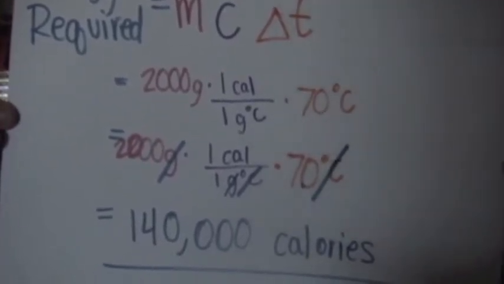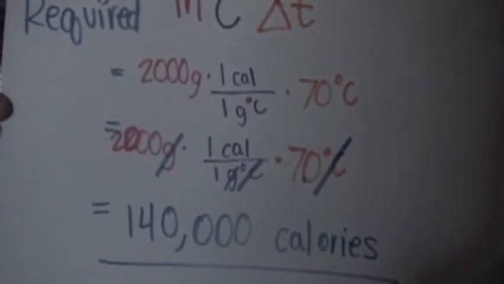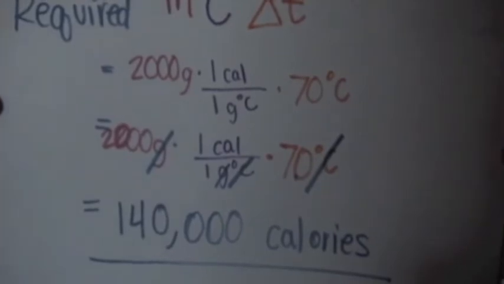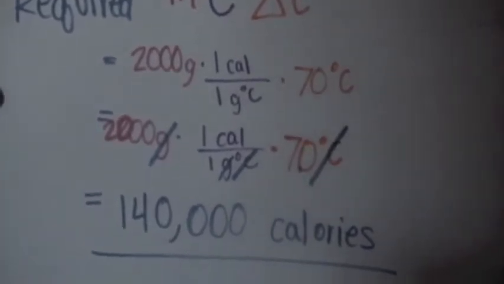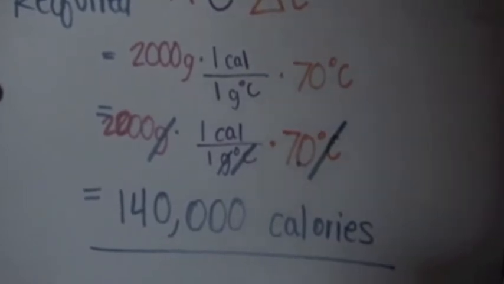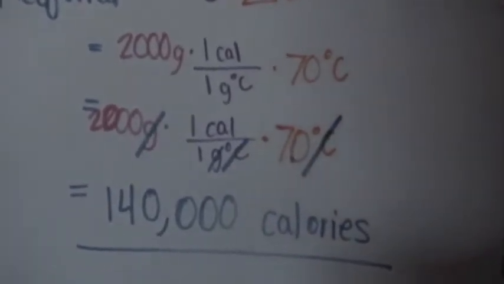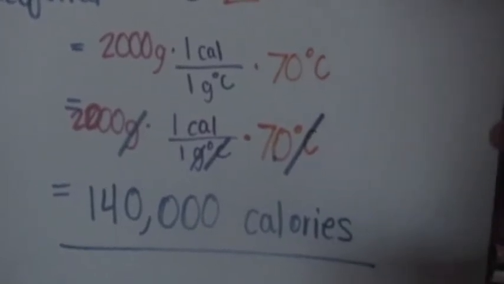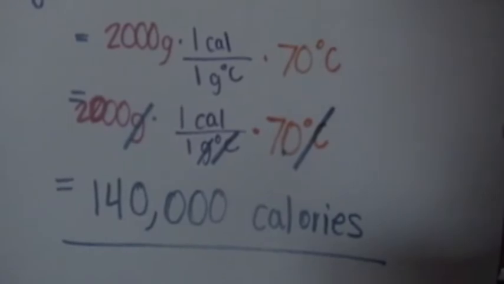C is the constant, which is 1 calorie per 1 gram degree Celsius. And delta T is the change in temperature. Our starting temperature was 25 degrees Celsius, and it went up to 95 degrees Celsius, so the change in temperature was 70 degrees Celsius. The next line shows how the grams and the degrees Celsius cancel, leaving us with calories. So we take 2,000 times 70 equals 140,000 calories.